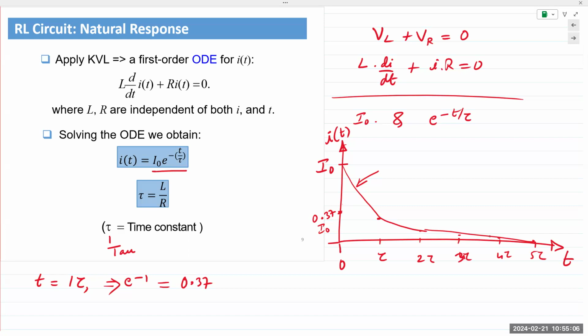So more than 99% of the energy is already discharged. And so after 5 times tau, we say it is fully discharged. As well, if you're talking about charging, we would say it's fully charged.